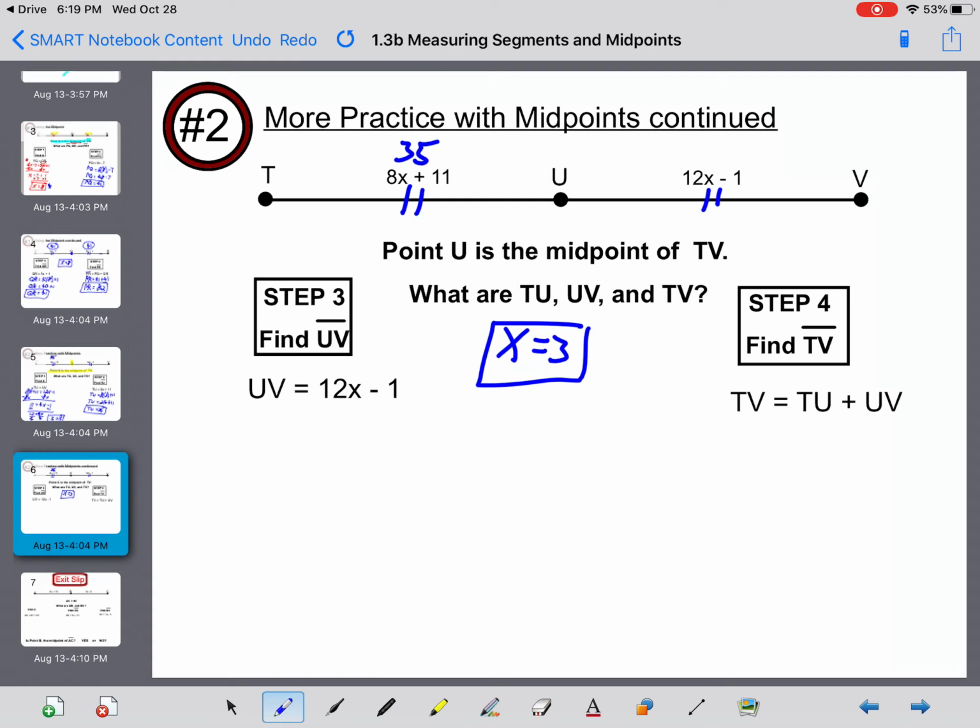Okay. Now, if U is the midpoint, we already know that UV should be 35. So all we need to do is prove it. UV is equal to 12 times 3 minus 1.